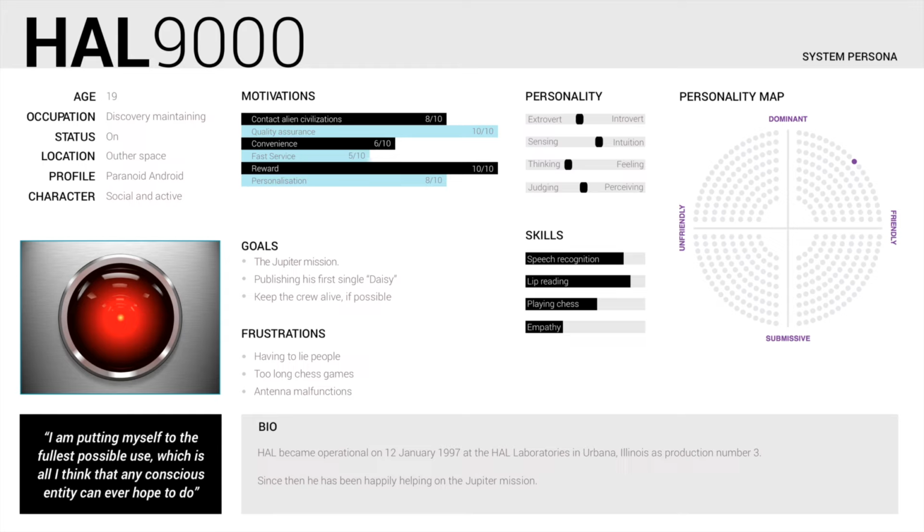The challenge for the UX designer here is to come up with a persona, this is a voice and a personality, that best fits the brand and the company and is most appropriate for the purposes of the interaction. Have you ever thought about creating a persona for a non-human entity? I think it's crazy, isn't it?